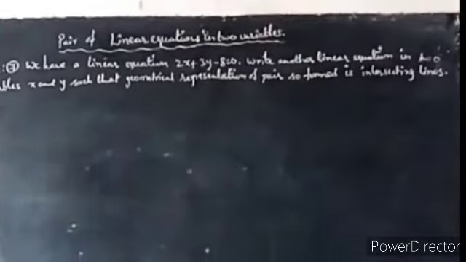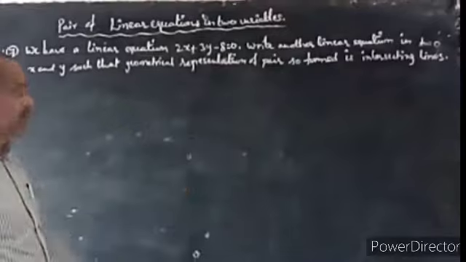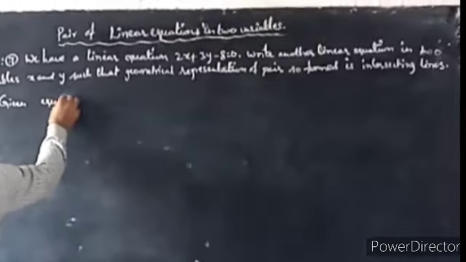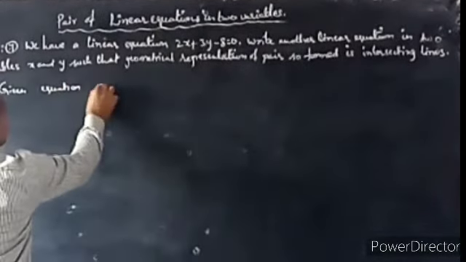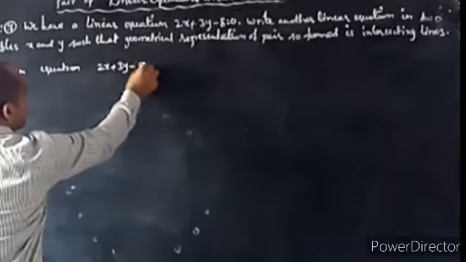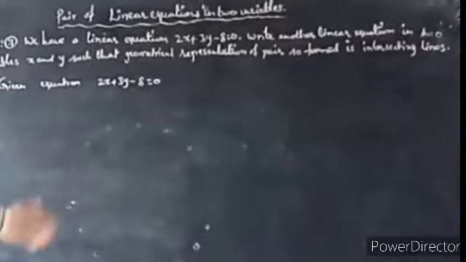Here we have to write only an intersecting line. So the given equation is 2x plus 3y minus 8 equals 0.